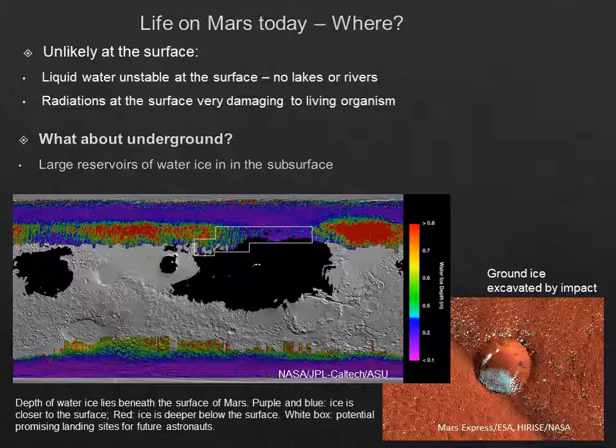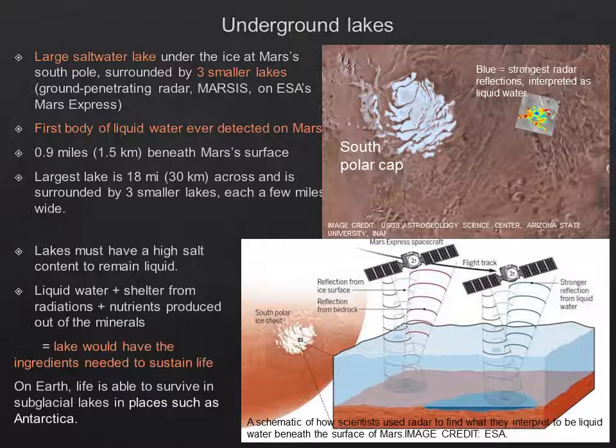And this ice is likely ice that was located in the subsurface and that has been excavated during the impact and relocated inside the crater. So we know there is plenty of water ice in the subsurface of Mars.